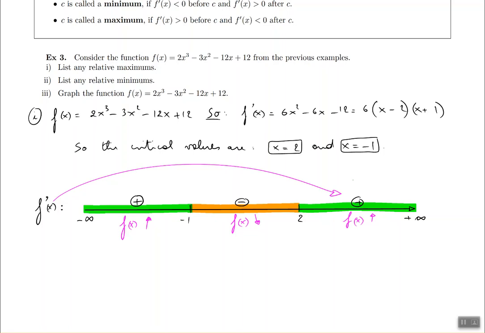So all I have to do now at this point is look at the plus minus situation that I made. So think about it like this. I went up, then I went down. Well, that creates a little bit of a mountain. So that means -1 has what we call a maximum, because we went up before it, then we went down after it. So my little stick figure guy was going uphill, then afterwards the little stick figure guy was going downhill.